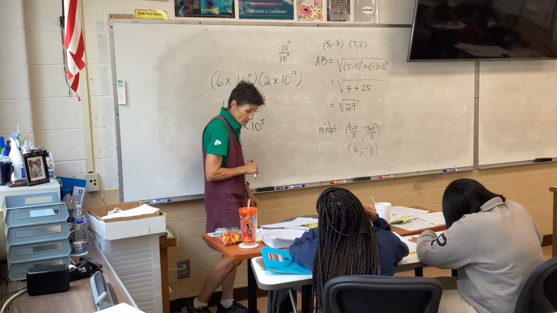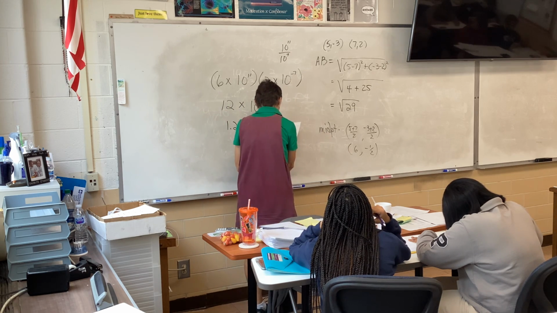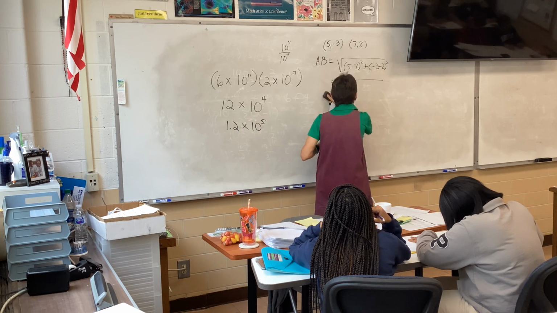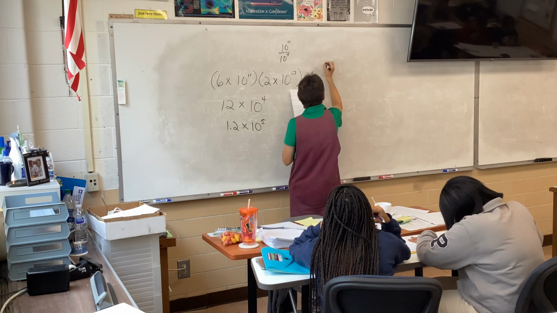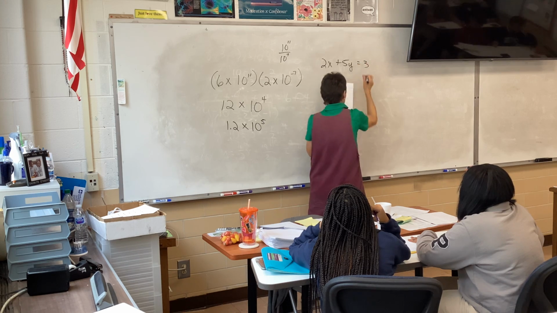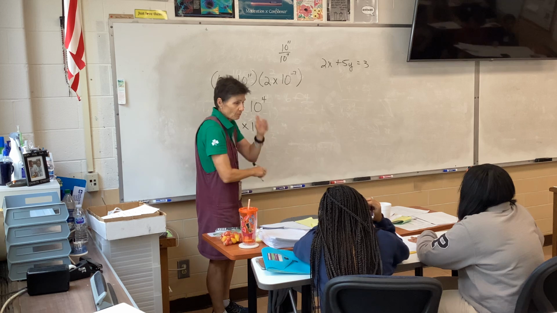All right, what is the slope of a line perpendicular to this one? This time I'm not writing the equation. This time I'm just finding the slope. So what should I do first?